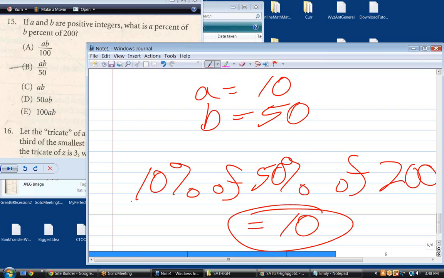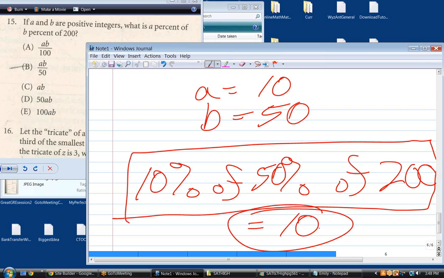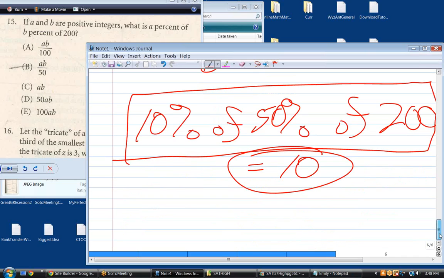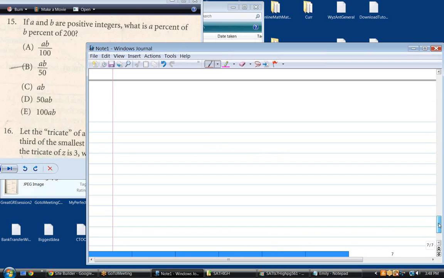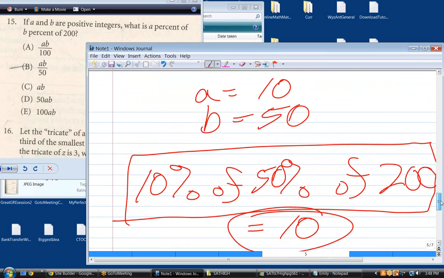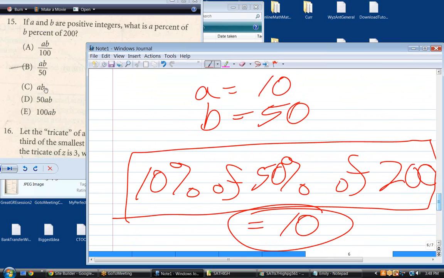So you see what we did was we picked numbers that made it easy for us to come up with an answer, and then we merely found which of the 5 answers is equal to that number based on the numbers we picked. That makes sense. I find that particularly useful on these problems because I have a hard time wrapping my head around which of these.